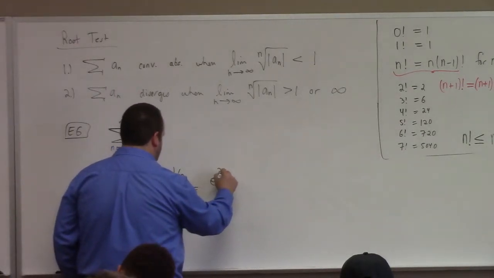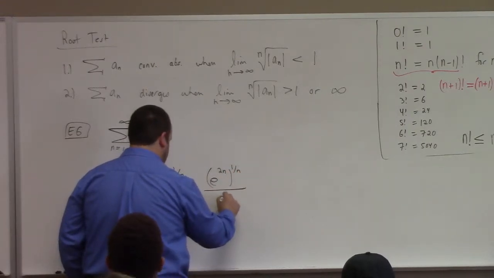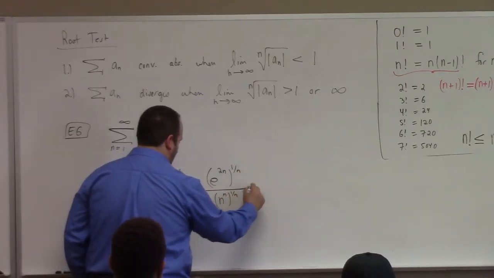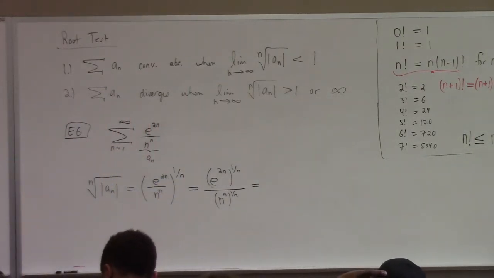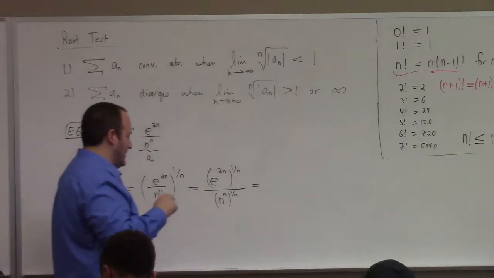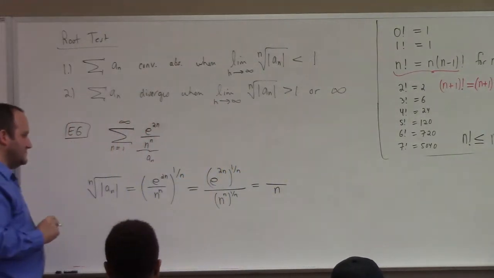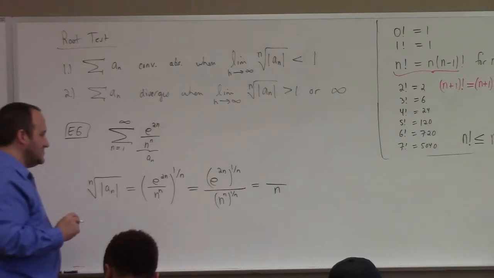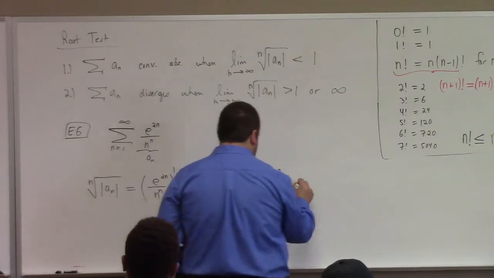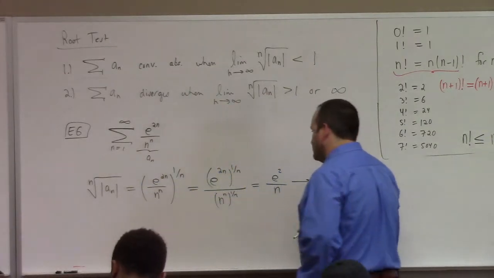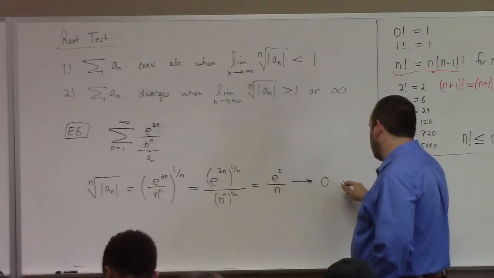Since you know your laws of exponents, it's easy, right? Downstairs we just get n, and upstairs we get e squared. Which goes to what? Yes, it goes to 0.